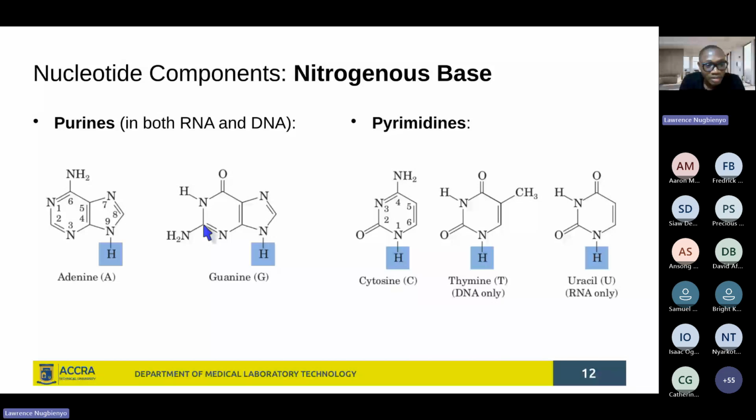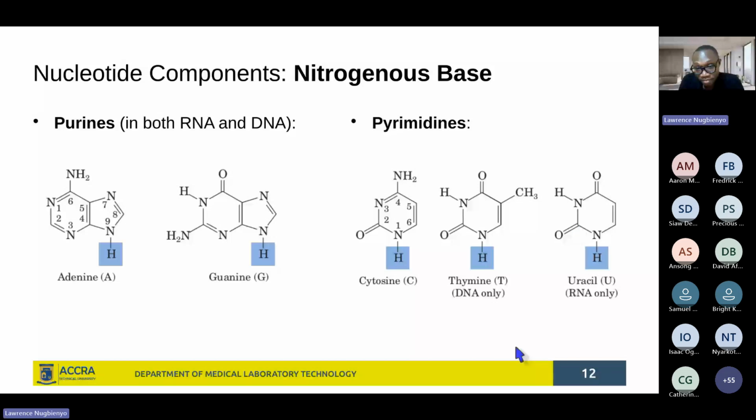When you come to pyrimidines, how do you distinguish between them? Certain things are common to the three of them. That is that all of them are having on carbon number 2, double bond oxygen. All of them are having that. So where do you find the differences?